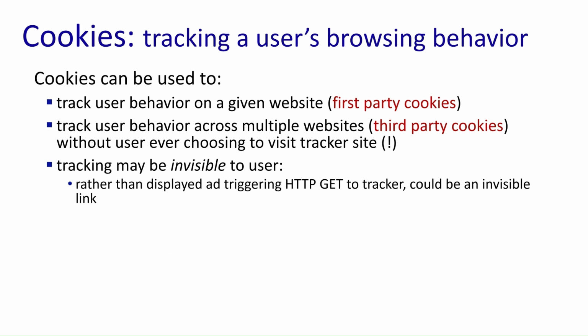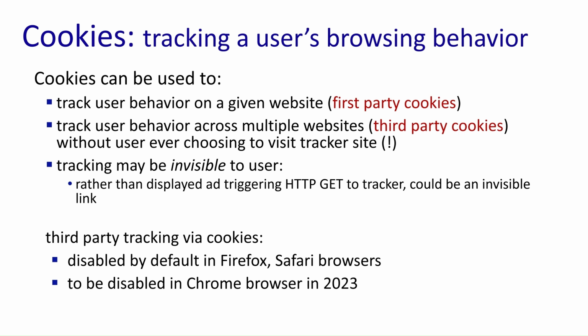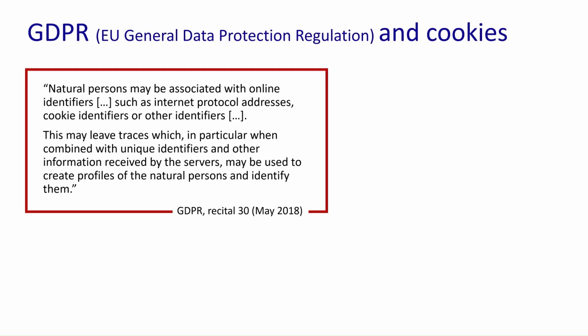But on the other hand, there is a lot of concern as far as privacy is concerned. By default, in Firefox and Safari, third-party cookies were disabled, and they were disabled in Chrome as well in 2023.